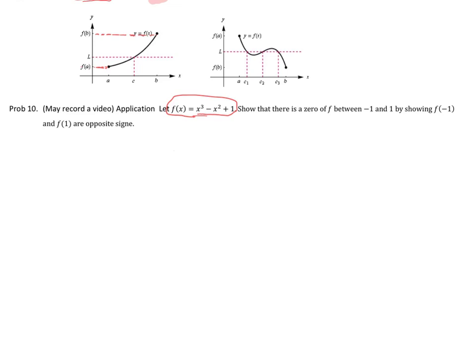Now we want to show that there is a zero of f between -1 and 1 by showing f of -1 and f of 1 are of opposite signs. There's a typo here: opposite signs. So first of all, the first thing that I want to check is that f of x is a polynomial, right?